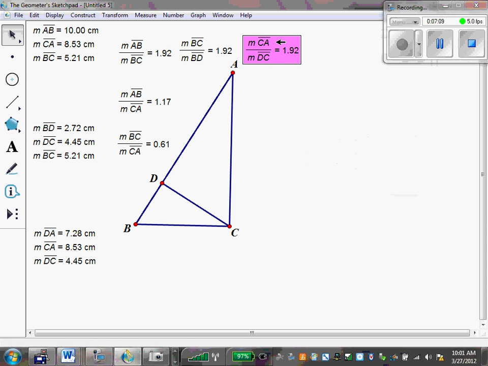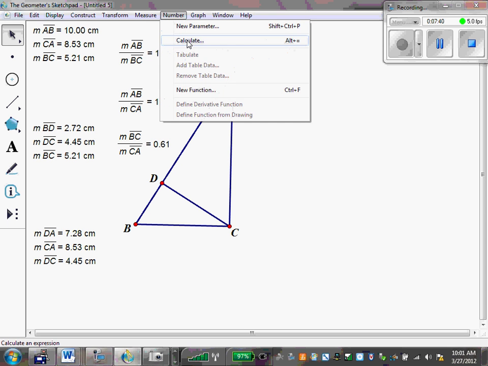So now, what can we say about this big right triangle in relationship to this smaller right triangle? Because all three sides are in the same ratio, by side-side-side conjecture, we can say that they are similar. Do you think the same thing is going to happen with the big triangle and this other, the larger of the two right triangles? I believe it probably is, but let's check.